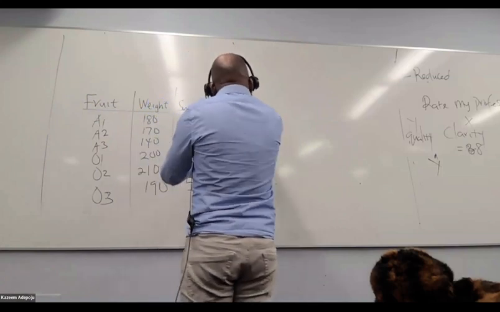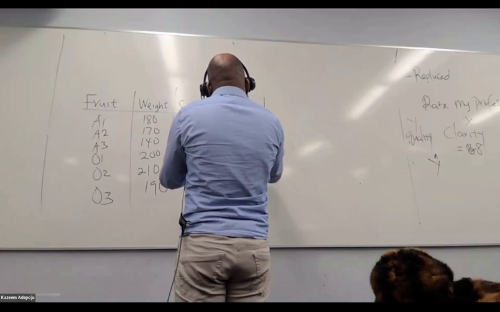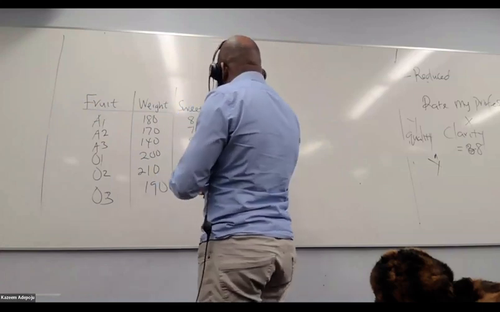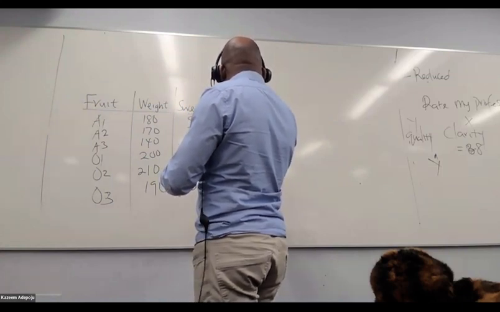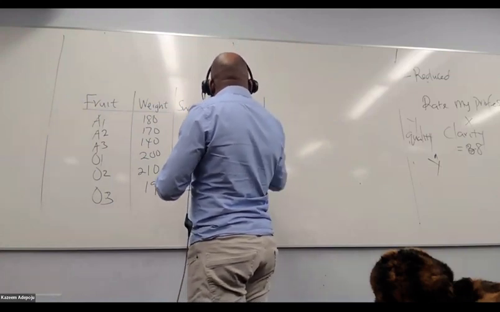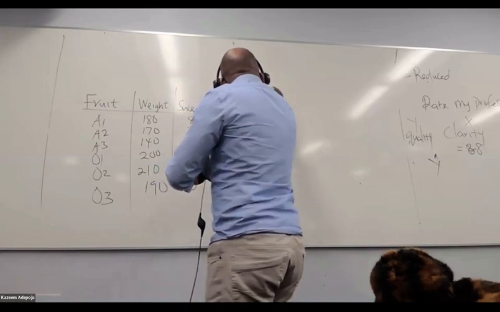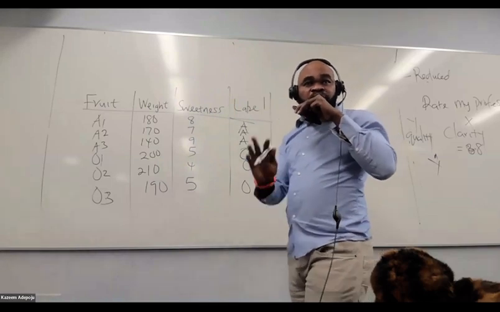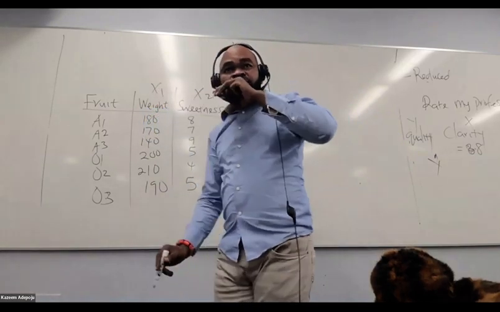The labels are A, A, A, O, O, O. Now I do not have access to this, but the only thing I know is X1, X2.